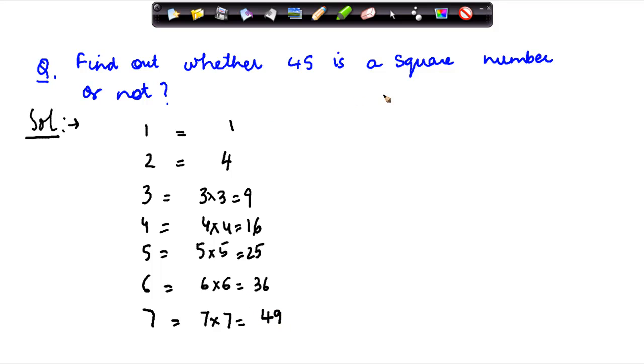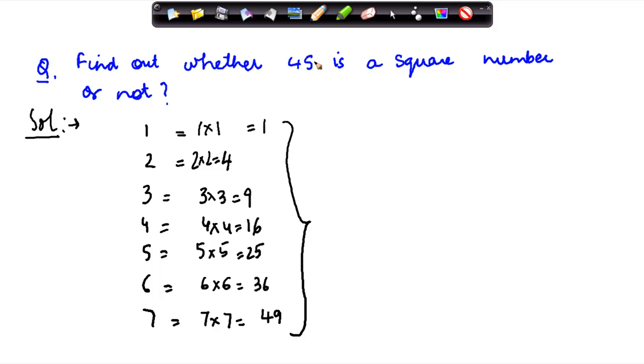Why? Because we know that the square of a number is that number multiplied by itself. So in this case, I have got all the square numbers.